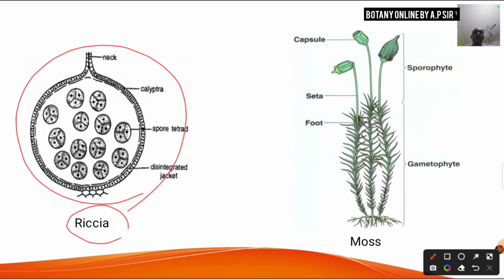Capsule only. But as far as mosses are concerned, sporophyte is represented by capsule, then foot, then seta. Got it? So as you can see here, this sporophyte includes capsule, seta and foot, and this particular leafy part is called gametophyte. Got it?